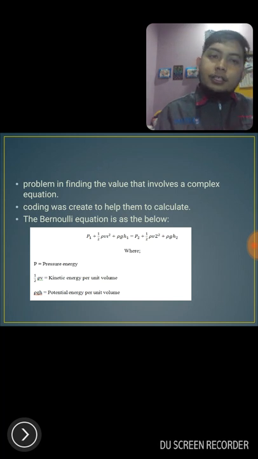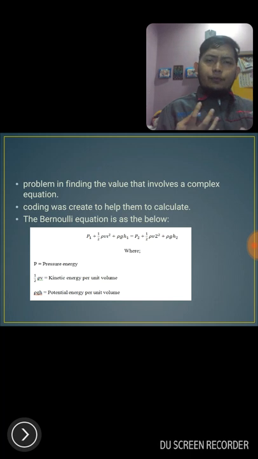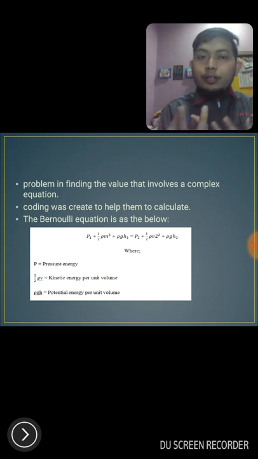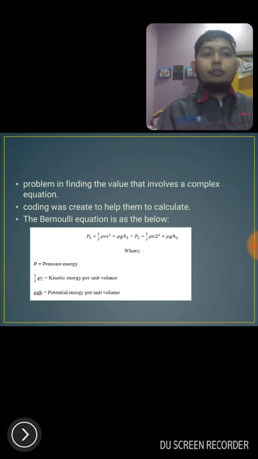However, sometimes students face a problem in finding the value that involves a complex equation. To solve the problem that students face, coding is a great help to calculate the value for optimization. The coding that I focus on is the Bernoulli equation.